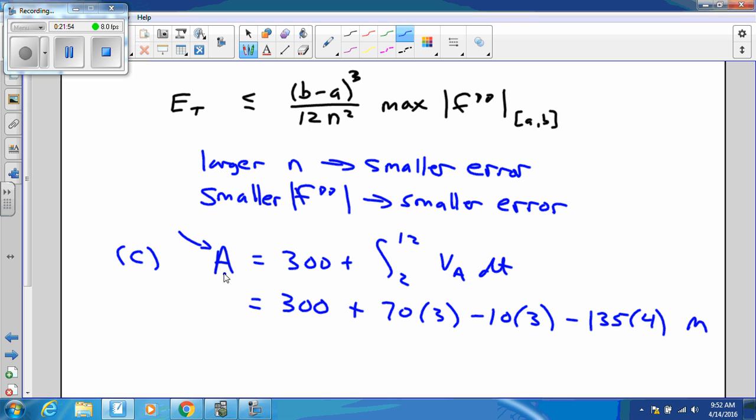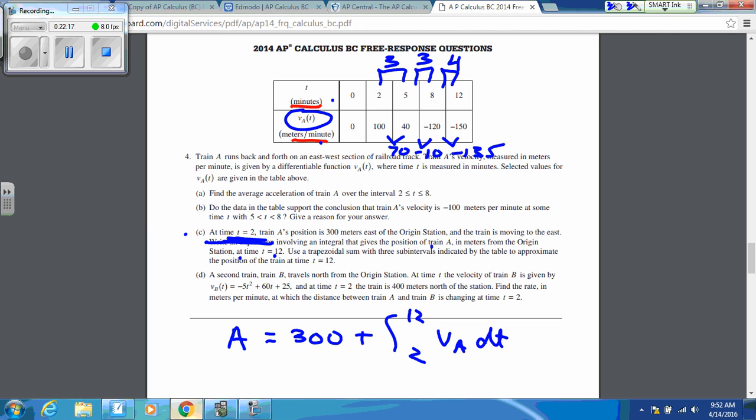You've got your initial value plus your trapezoidal sum. So I think in doing that, they're not trying to force you to write it in separate lines. They're simply saying you get separate points for the following things. So you get 1 point here for this quantity, you get 1 point for that quantity, and 1 point for adding 300 to it.